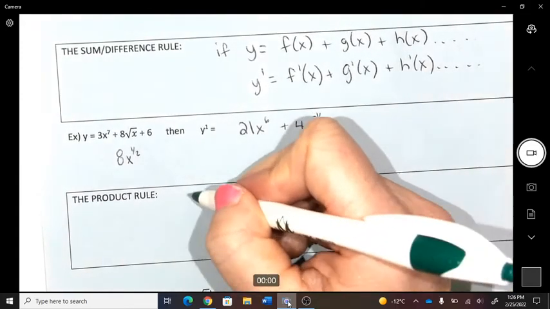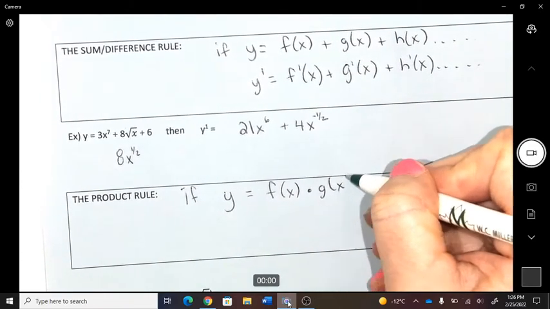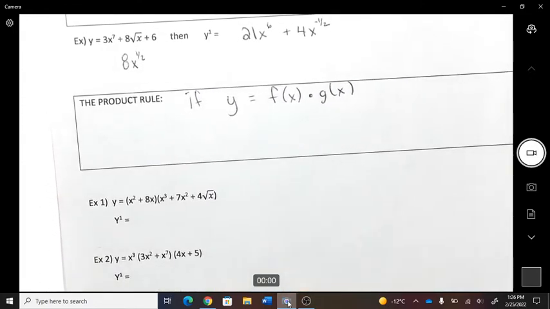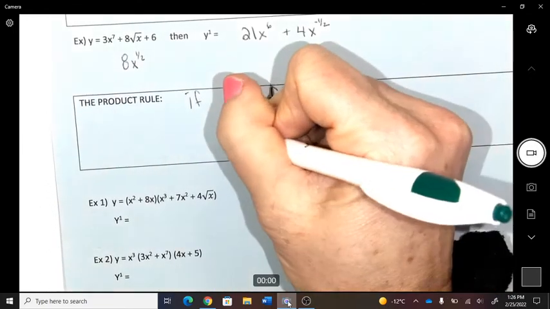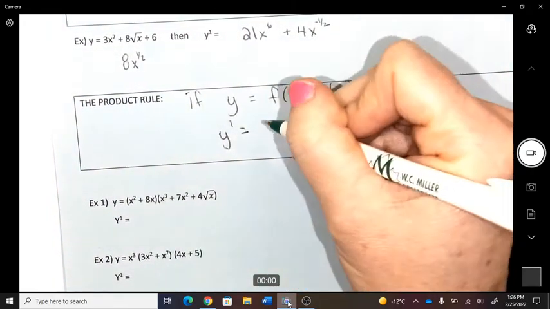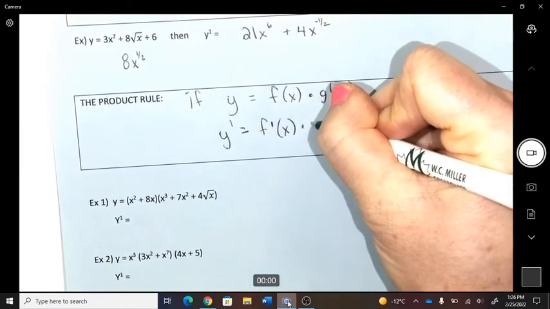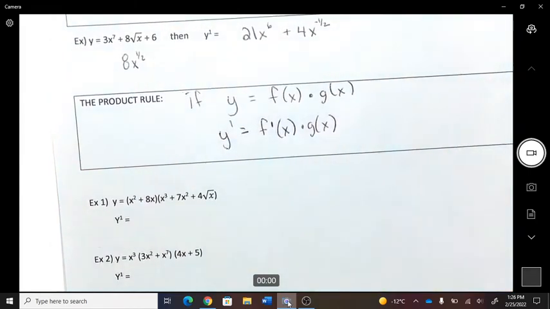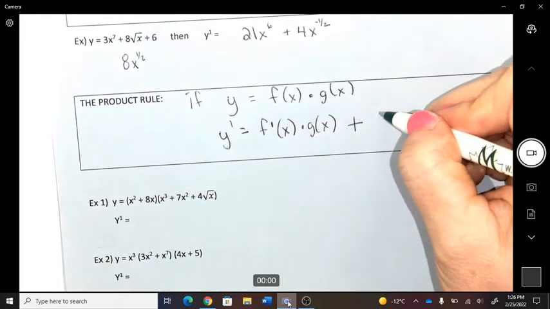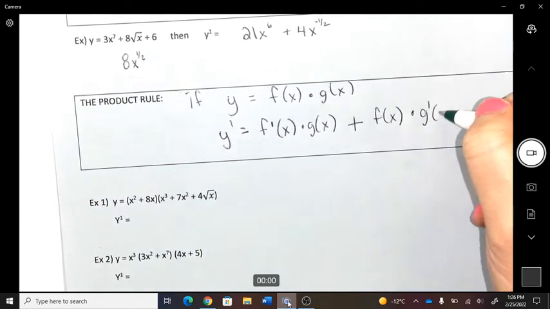Okay, so if your function would look like this, so something times something, then your derivative is the derivative of this times the original that, plus the original that times the derivative of that.